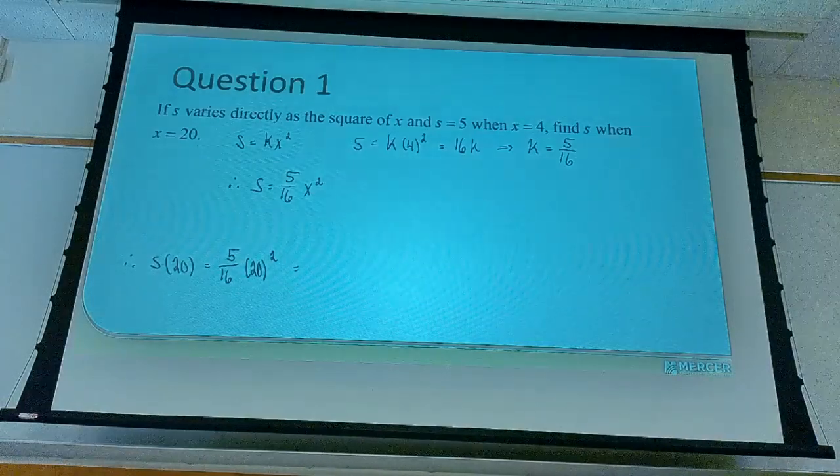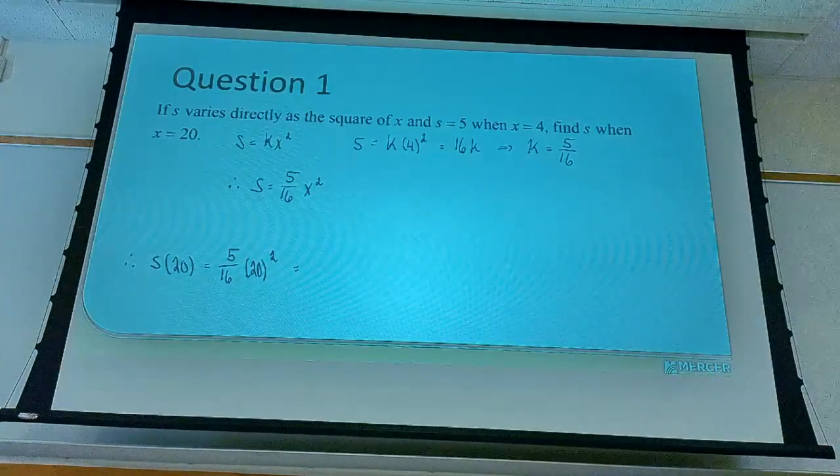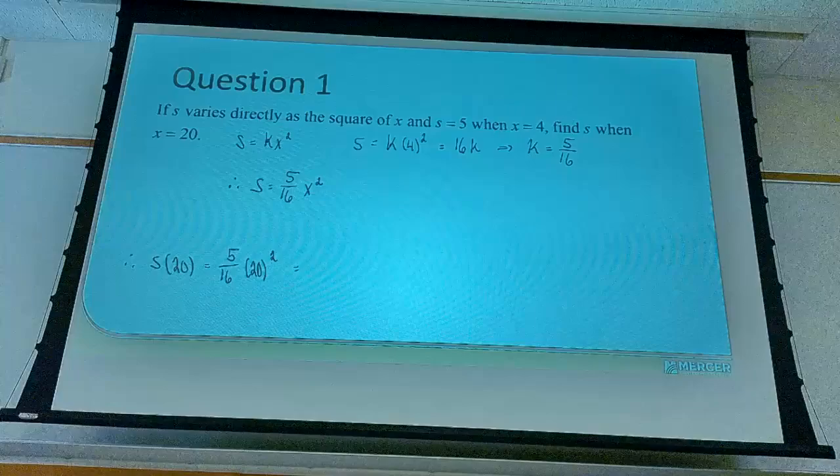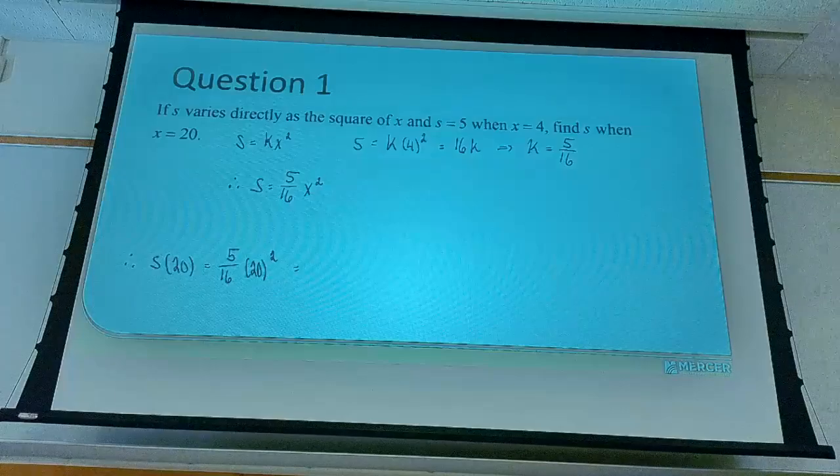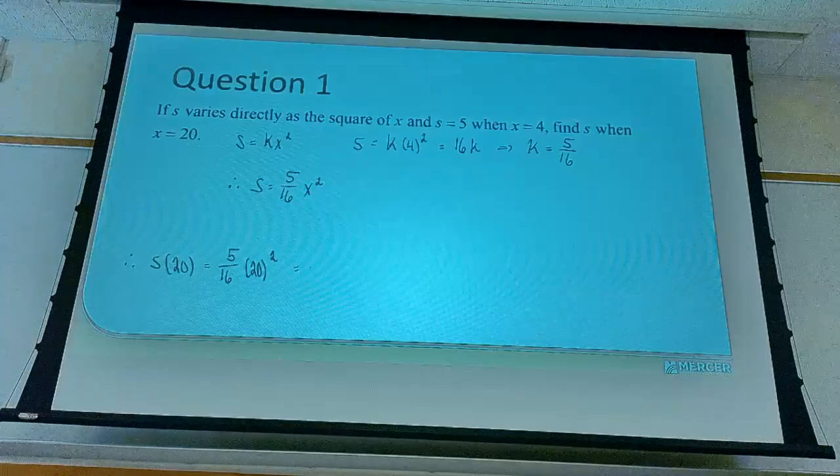And to make life a little bit easier, 20 is 4 times 5, and 20 squared would be 4 squared times 5 squared. 16 in the denominator cancels out. You're left with 5 cubed, and 5 times 5 squared. 5 cubed is 125.